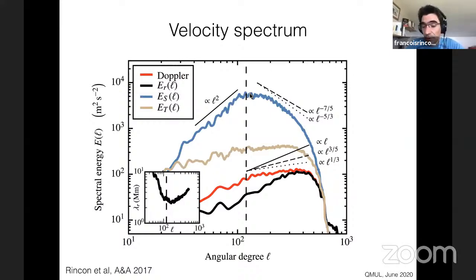The other thing that's important is that usually if you look at a spectrum for isotropic homogeneous turbulence, the standard Kolmogorov turbulence, well, it's isotropic. So if you take the spectrum of one component, say horizontal, or another component, vertical, or in any possible direction, you will get the same energy spectrum for all the components. And here, that's not what you see.